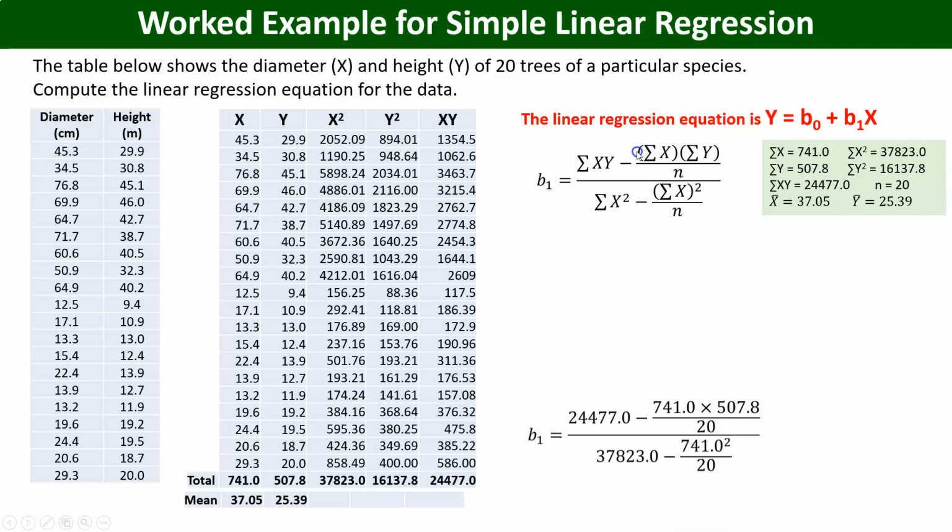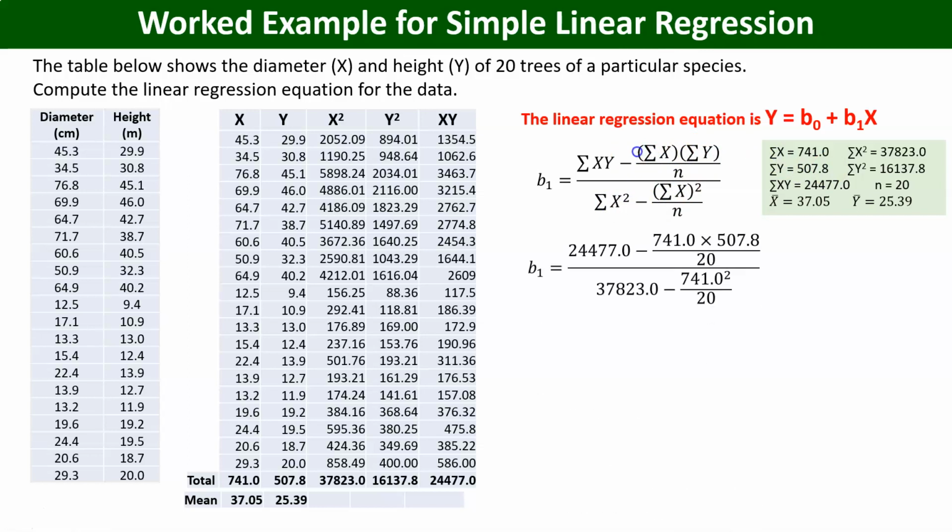So the next thing we do is we just put the values appropriately where they should be. And if you look at here, summation xy, that's the value here in our computation, and that's what I have put here. So that way, just put the values correctly where they should be.